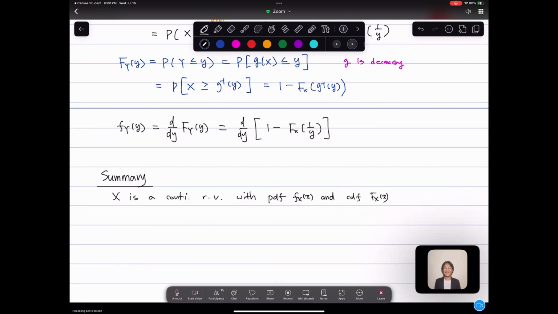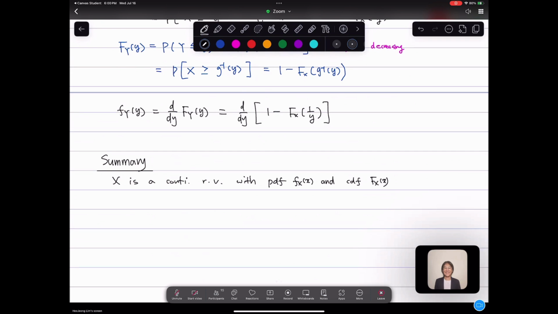Let Y be some function of X. The function is continuous, and it's either strictly increasing or strictly decreasing. Either way.